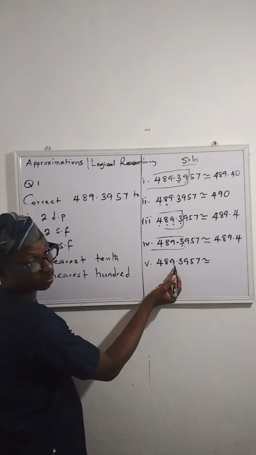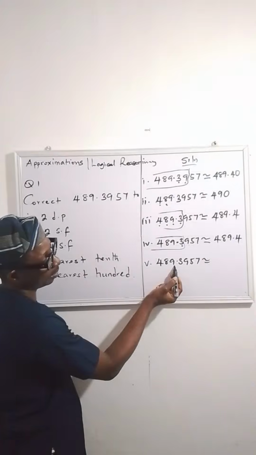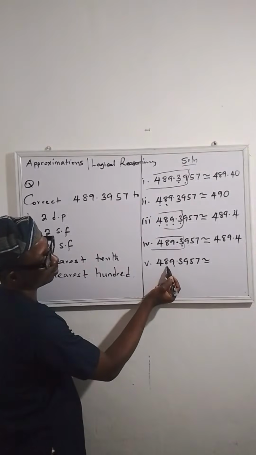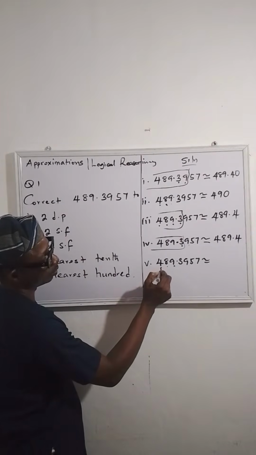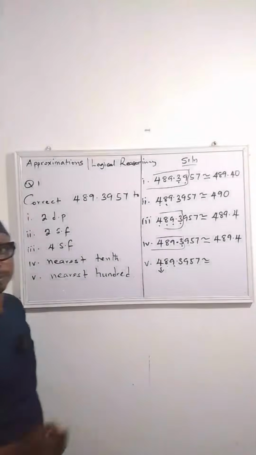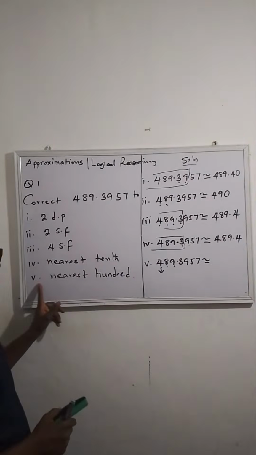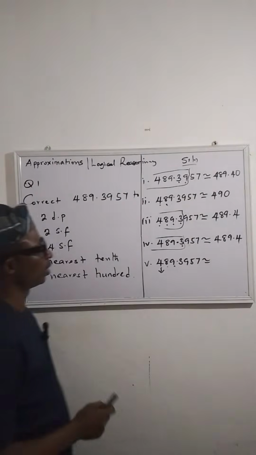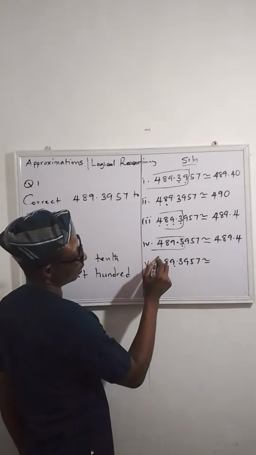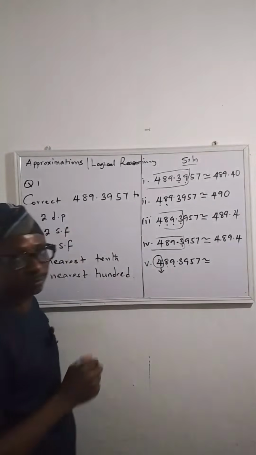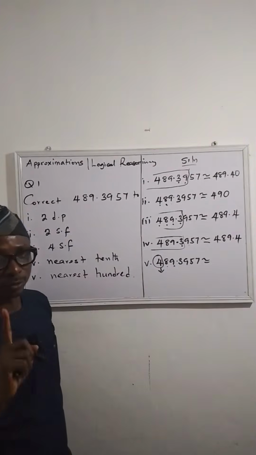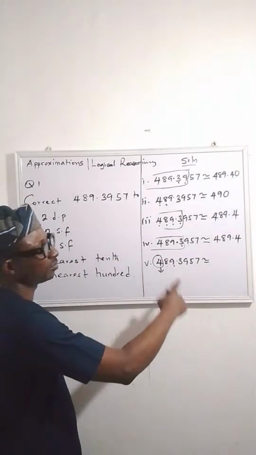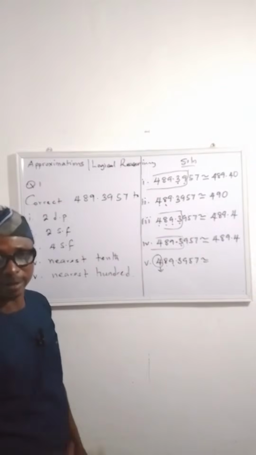The first digit before the decimal point is units, okay, followed by what? Tens, followed by 100. So this is the position of 100. The question wants us to correct to the nearest 100. So this is what I'm writing here. Don't forget I said you should turn digits before the decimal point to 0.